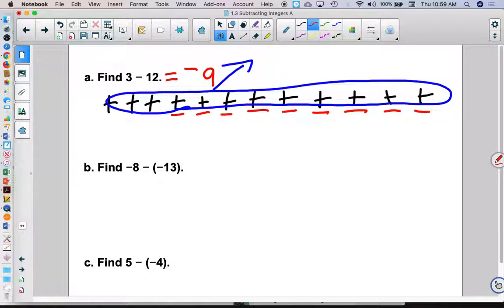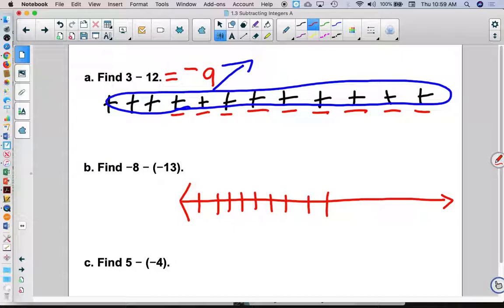Do you see the number line, how the number line's working? Okay, well, let's try using a number line. I'm going to make a number line. You're going to make one on your paper. Negative 8.